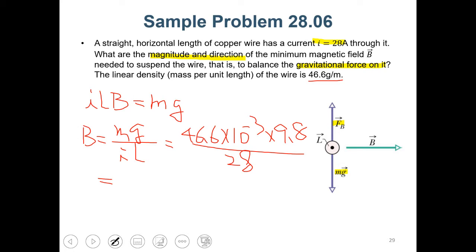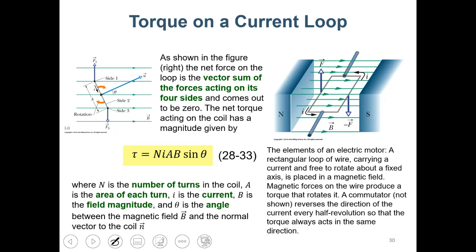So B would be 1.6 times 10 to the minus 2 T. So this one is pretty easy.